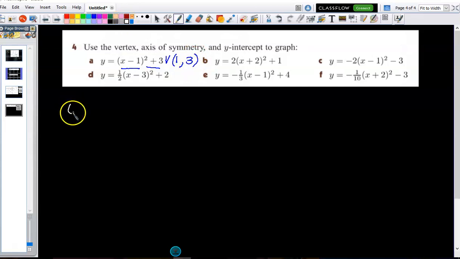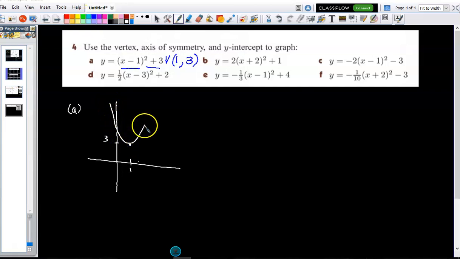So if I was to sketch A, no calculator in sight, it's convex. Here's 1, here's 3. Its axis of symmetry is x equals 1.